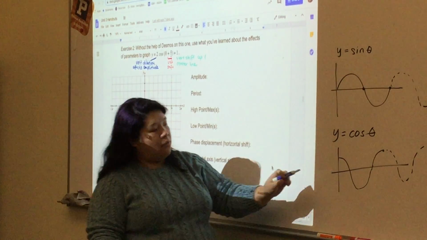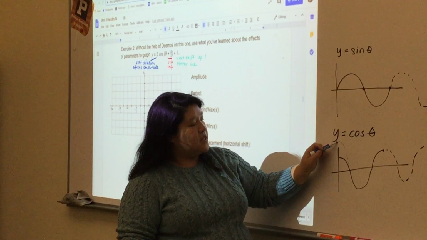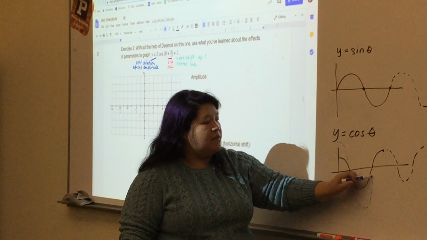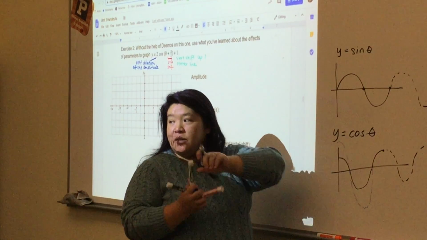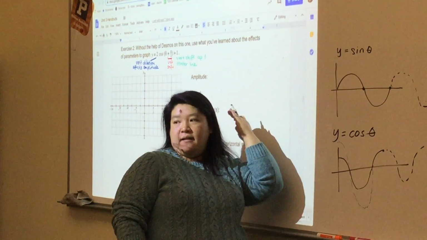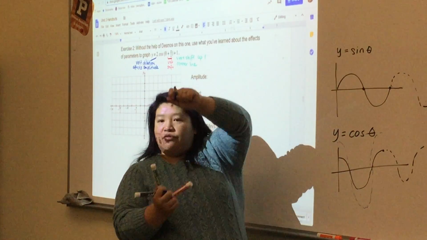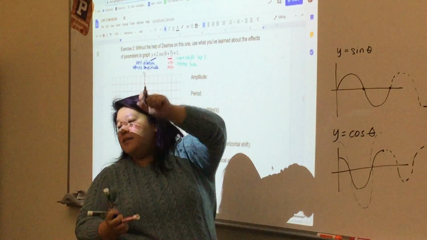So if I have a normal cosine graph, the height of the bumps are going to be twice as tall, and the depth of the bump is going to be twice as deep. So it's vertically stretching, but it's not going anywhere, at least not yet, not until I do the other ones. But that vertical dilation just stretches it so that it's twice the amplitude.